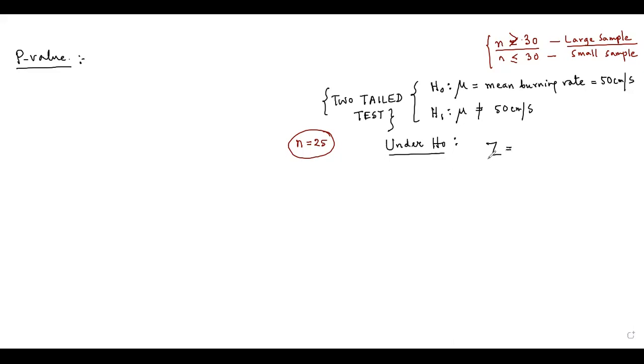But since we have not learned any other formula, and since you can approximate things with any testing of similar kind, I am trying to apply the large sample test on the given data.